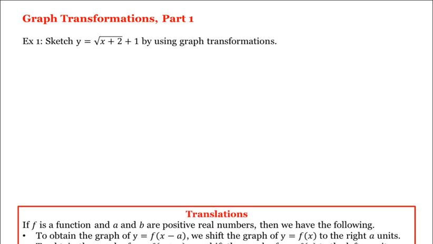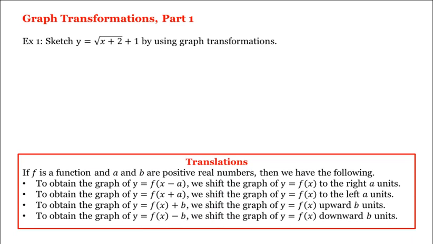And we have the following: if f is a function and a and b are positive real numbers, then to obtain the graph of f of x minus a, we shift the graph of f to the right a units.